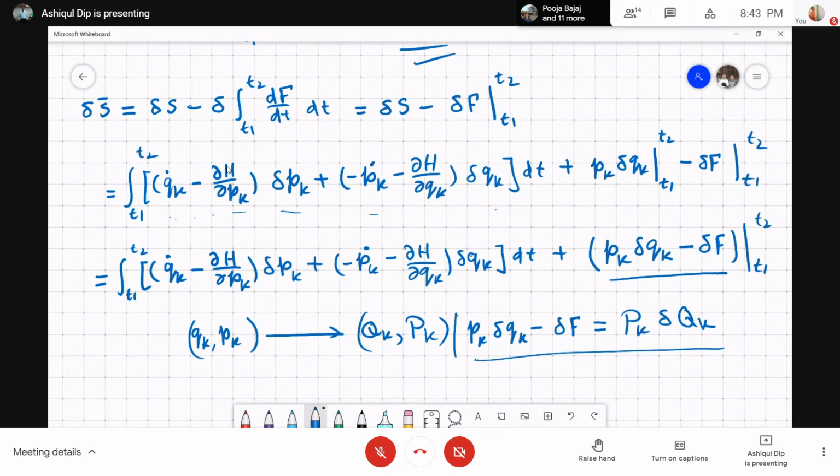As I discussed earlier, whenever you change your coordinate, small q_k, your p_k's automatically change, right? So we are actually choosing a new f and also changing our q_k and p_k in such a manner that this whole thing becomes P_k variation Q_k.